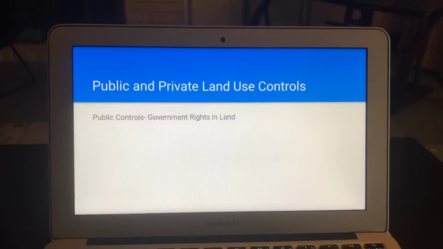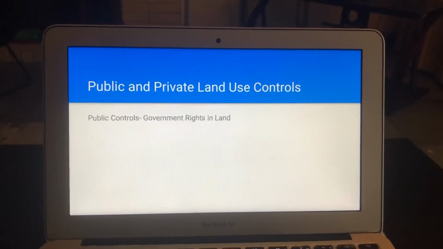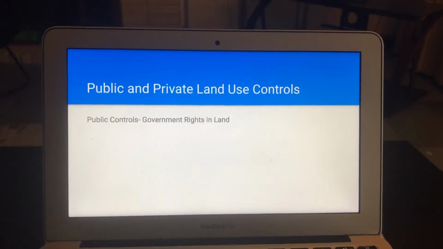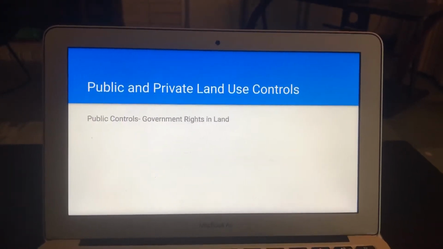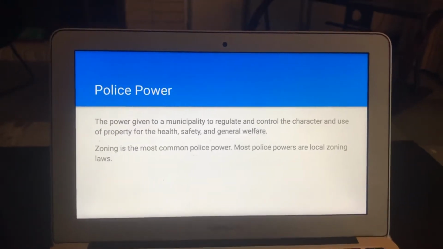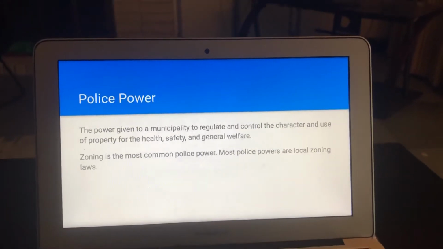Public and private land use controls. This is a different section, so we're going to public and private land use controls. Public controls is pretty much government rights and government say in how we use and what we do with our land. All right, the first one is police power.